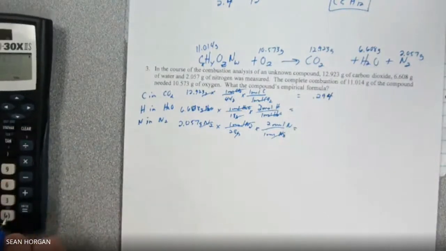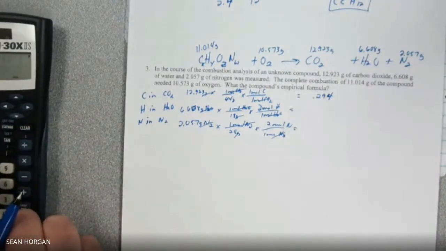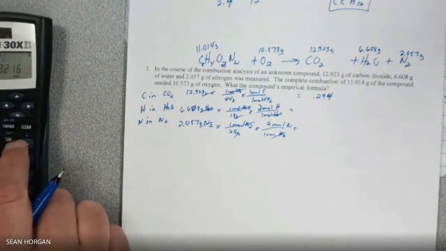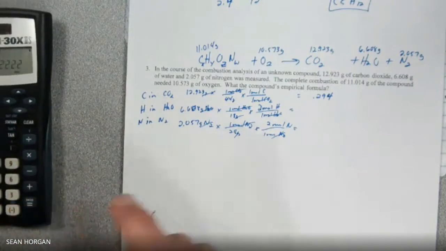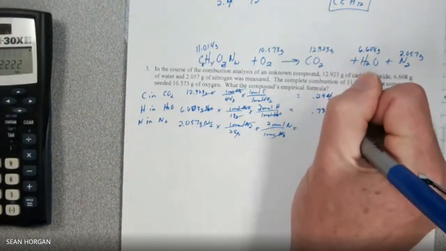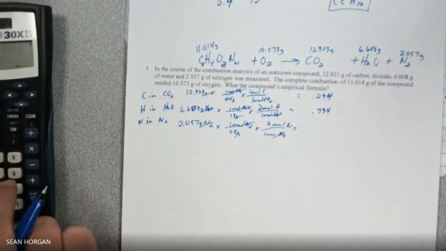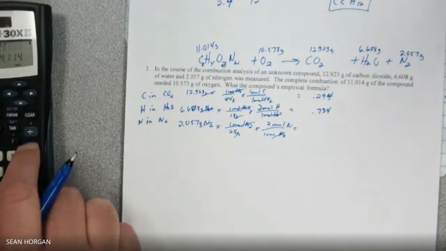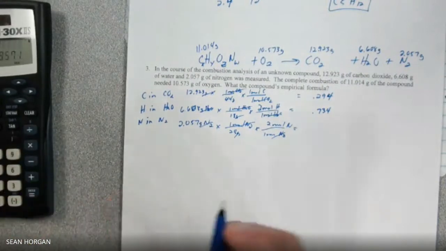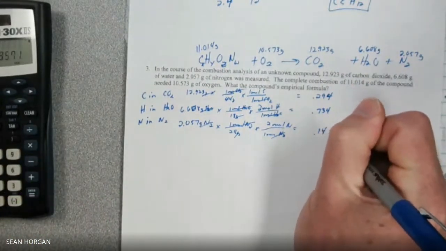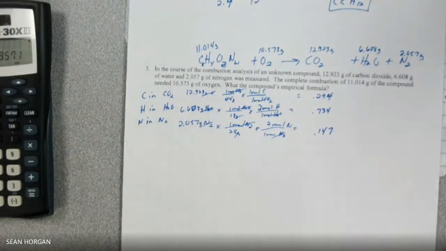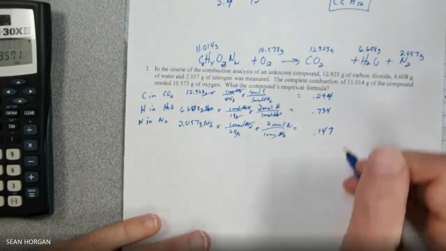And 6.608 times 2 divided by 18 equals 0.734. And then we have 2.057 divided by 28 times 2 equals 0.147. Okay? We have all those.